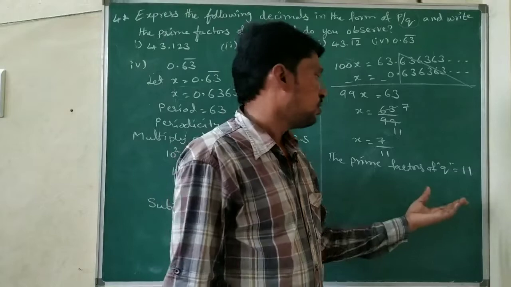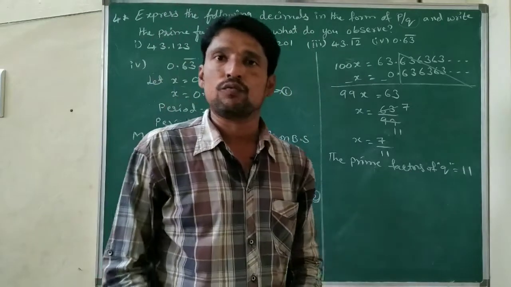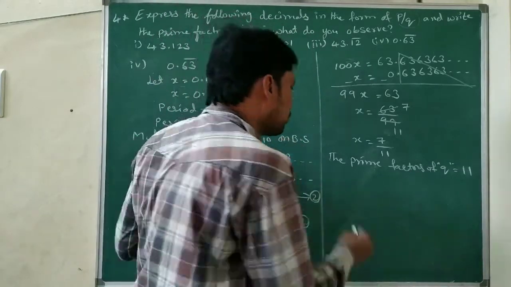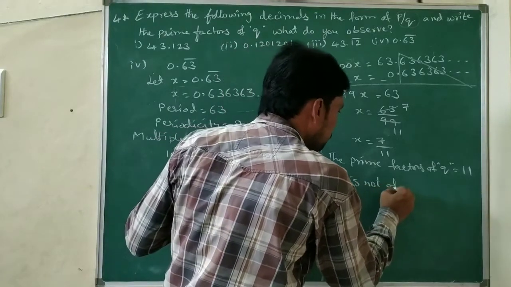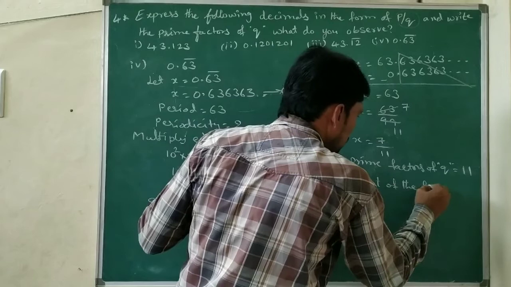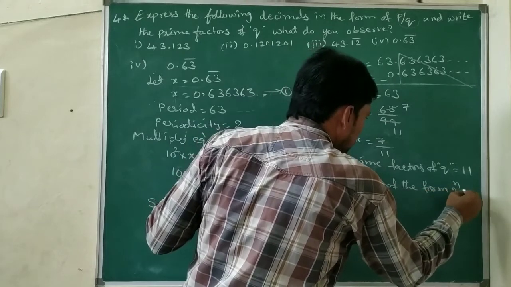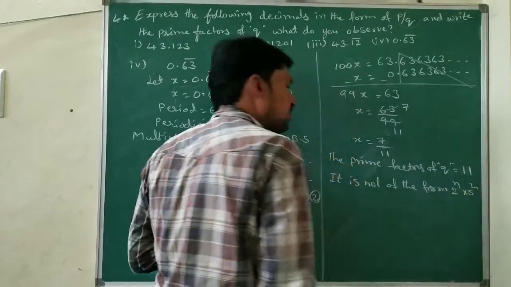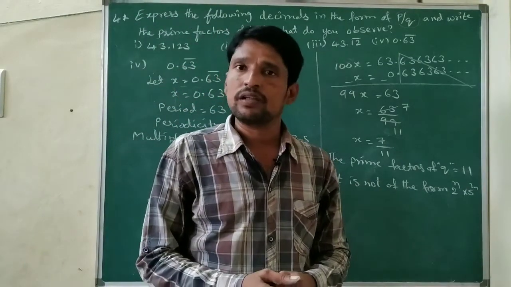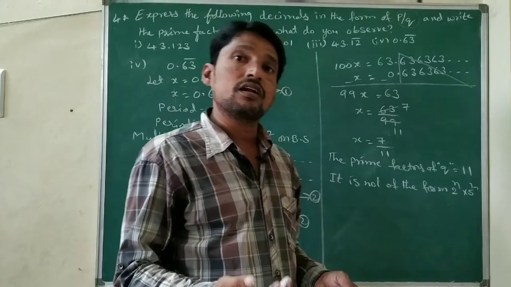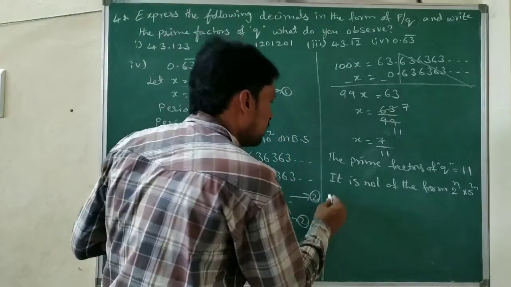So is it of the form 2 power n into 5 power n? No. It is not of the form 2 power n into 5 power n, so it is a non-terminating and repeating decimal.